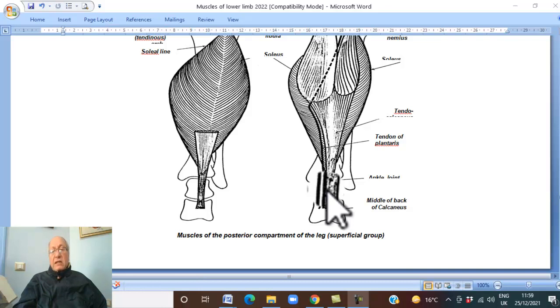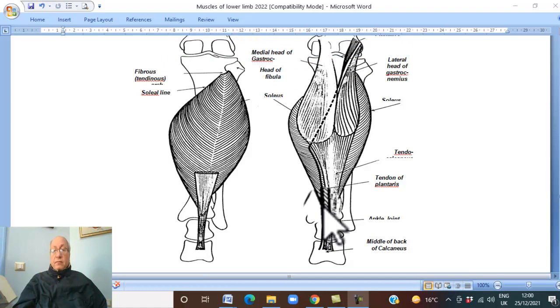Why is it called tendocalcaneus? Because it is inserted in the posterior surface of calcaneus. And sometimes plantaris may have a separate insertion here, just medial to tendo-Achilles in the posterior surface of calcaneus.